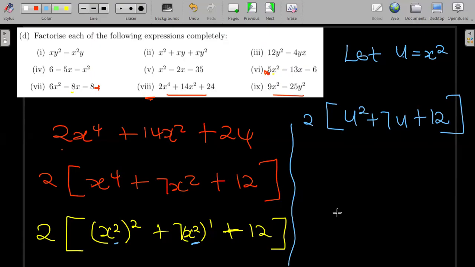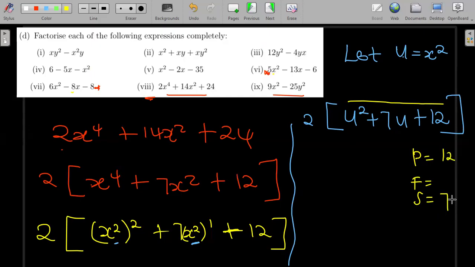So that is what I have there. Now let's try to factorize this guy here, because this one is just a simple quadratic in terms of u. So I'm going to say product, factor, and then the sum. The product is 12, and then the sum is 7.